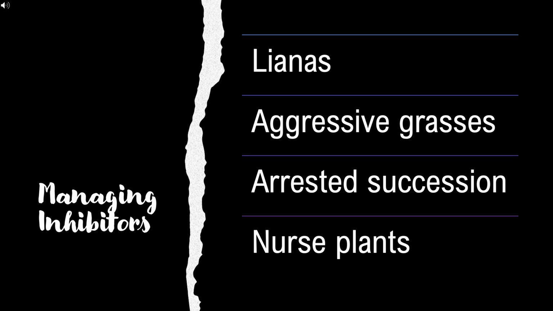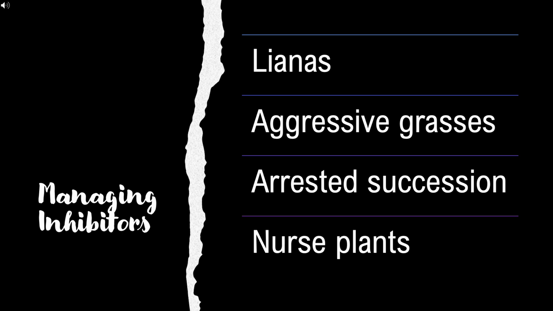The third is arrested succession. Situations where succession stops at an intermediate state and doesn't progress farther. This can happen for many reasons: soil conditions, lack of seed sources, ongoing disturbance, or liana and grass dominance. Recognizing and diagnosing arrested succession is an important skill.